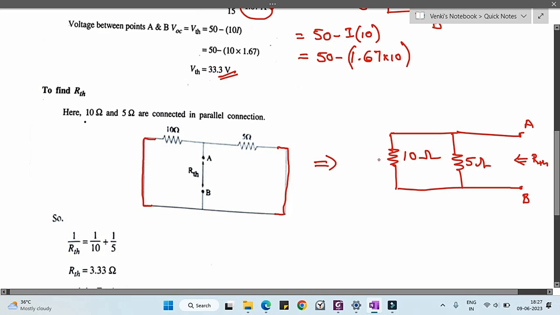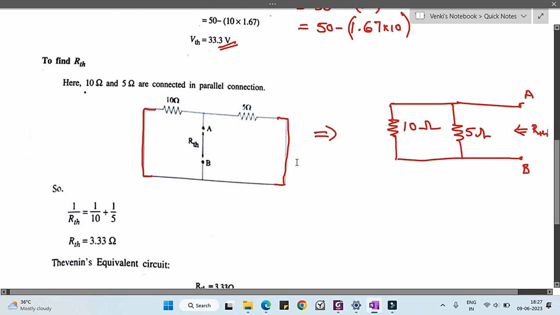R Thevenin is the equivalent resistance of these two parallel resistors. What is the formula for calculating the equivalent resistance when the resistances are in parallel? We know that 1 by R equivalent is equal to 1 by R1 plus 1 by R2. By using this formula we can calculate the equivalent resistance, that is nothing but the R Thevenin. So finally we got the R Thevenin.